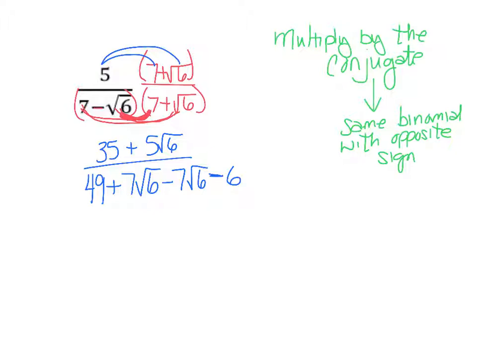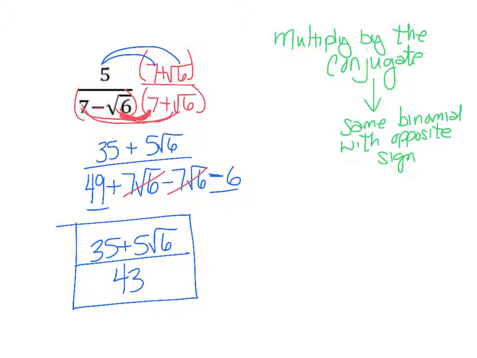Because I'm going to be able to cancel the 7 root 6 and the negative 7 root 6. They cancel out. And that's how I got rid of my radical. Now my numerator is 35 plus 5 root 6 over 49 minus 6. That's a 43.